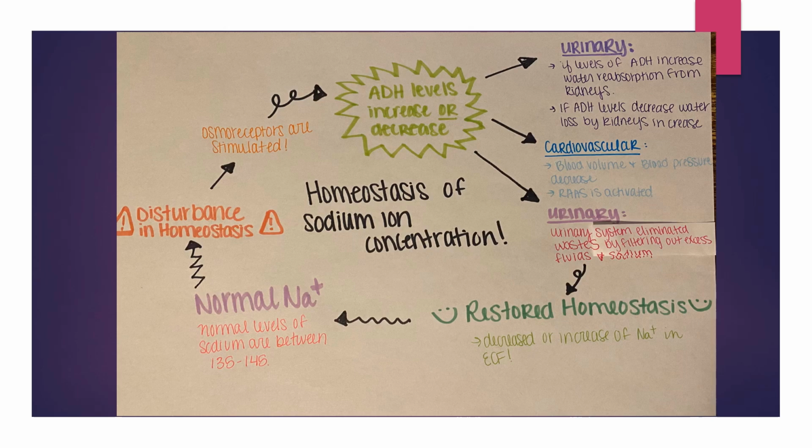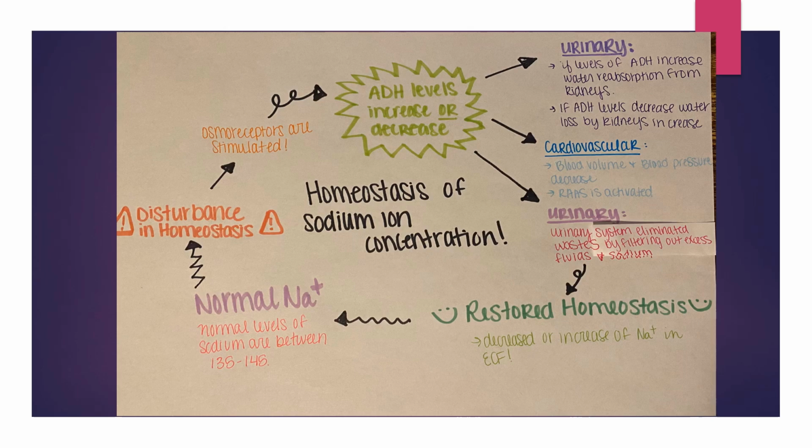When those levels have increased, so whenever sodium in the extracellular fluid has increased, our osmoreceptors are then stimulated and ADH secretion increases. Our kidneys then begin to reabsorb water, which then causes our body to become thirsty, so that way we consume more water to lower those sodium levels.